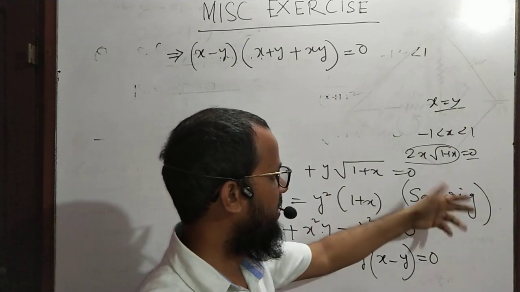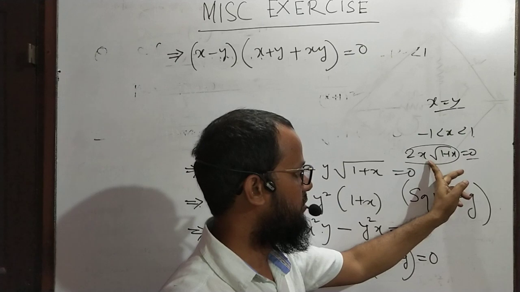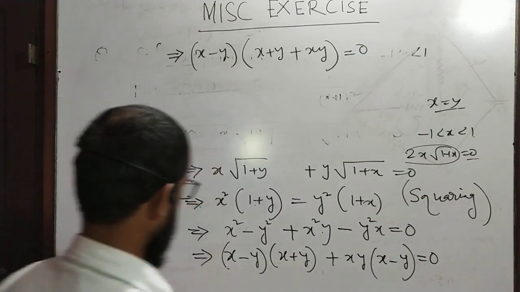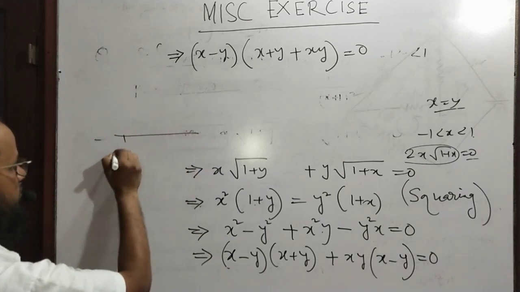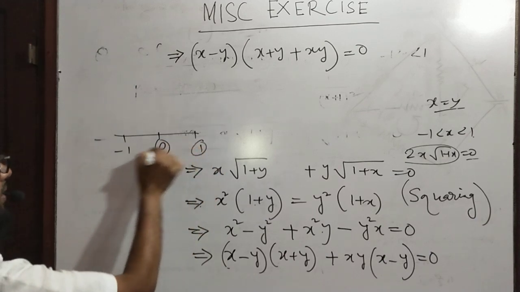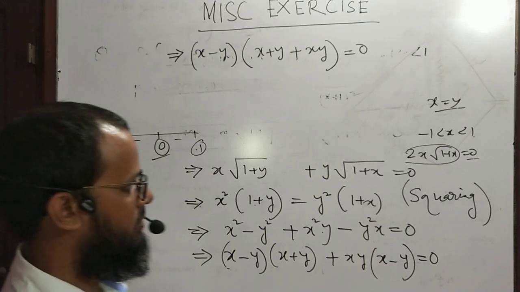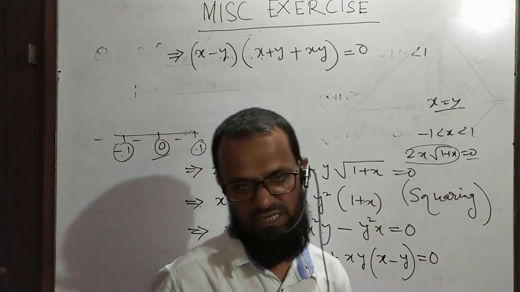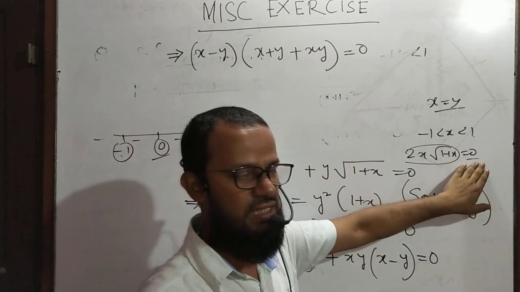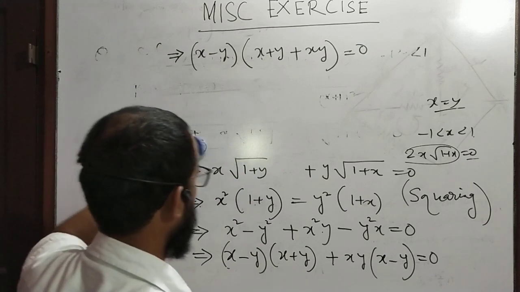For x between minus 1 and 1, only 0 satisfies it, and for all other real numbers the condition is not satisfied, so we can say x is not equal to y.